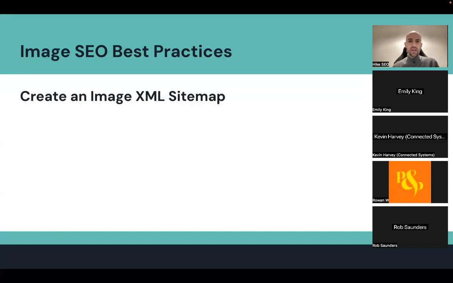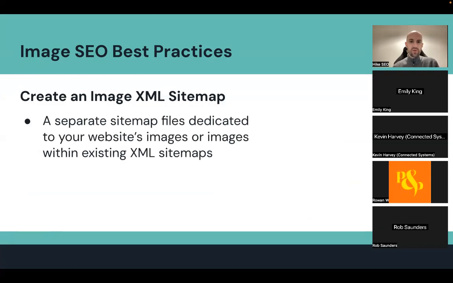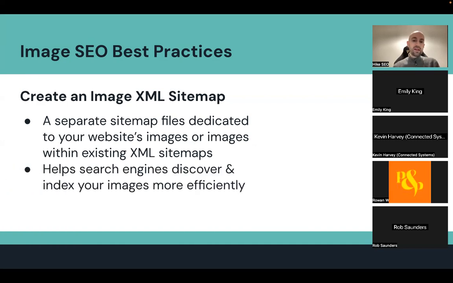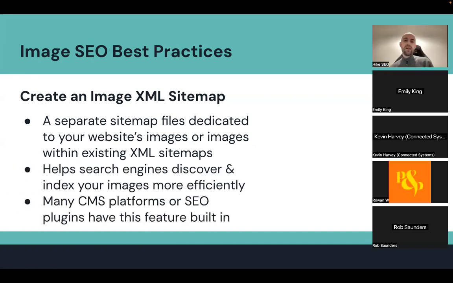Create an image XML sitemap. So this is optional, it's not mandatory, but if you want images to be found more, a separate sitemap file dedicated to site images can help Google and other search engines discover them and index them more efficiently. So many CMS platforms or SEO plugins, they have this feature already built in, like, let's say, Yoast SEO or Rank Math.